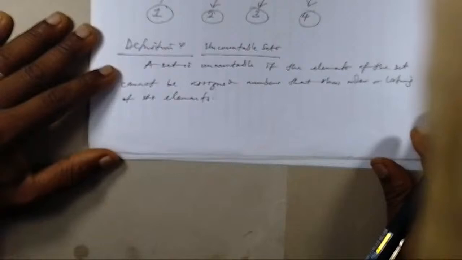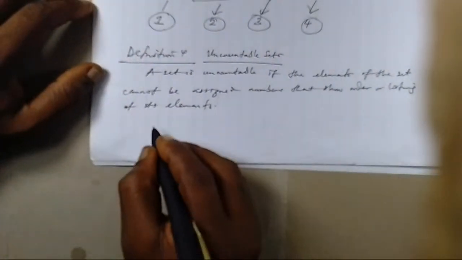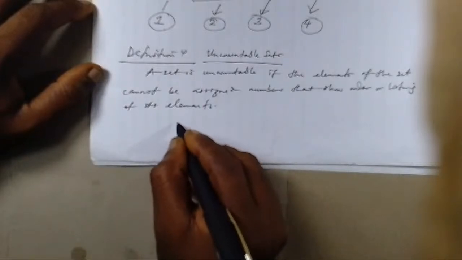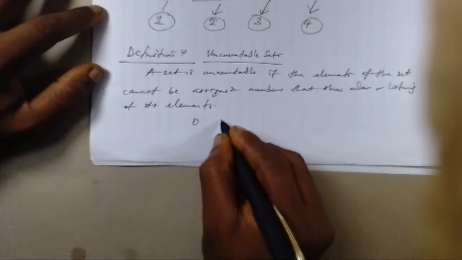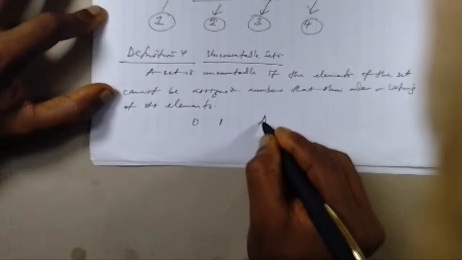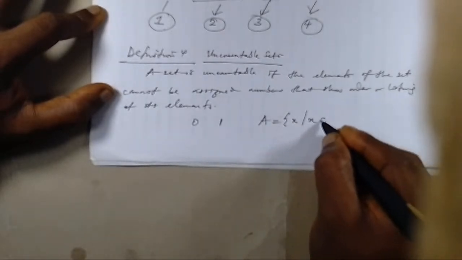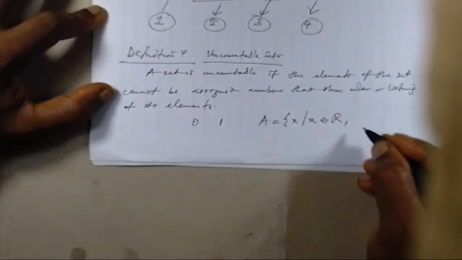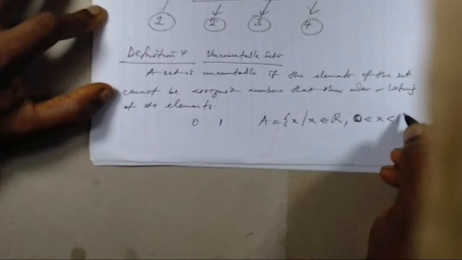Now, let's take a look at this. If I tell you to describe a set that contains elements between 0 and 1, let's assume that the set A is the set of all x such that x is a real number and x lies between 0 and 1.